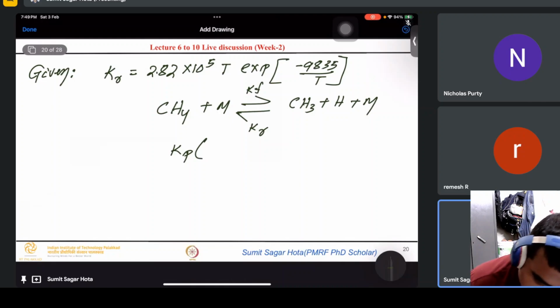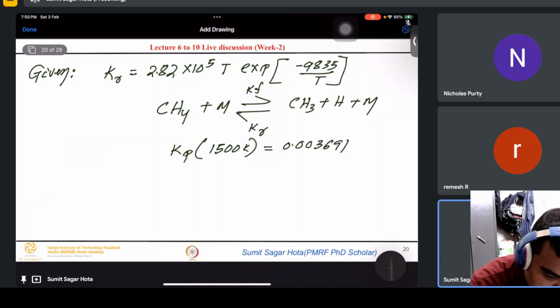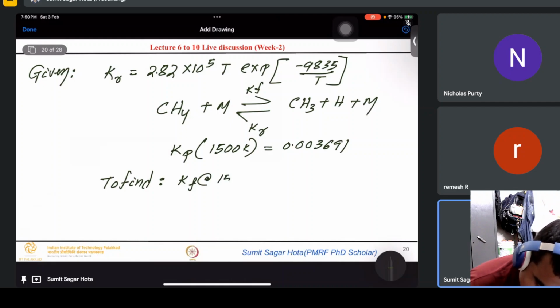And yes, it's the equilibrium constant at constant pressure, Kelvin.